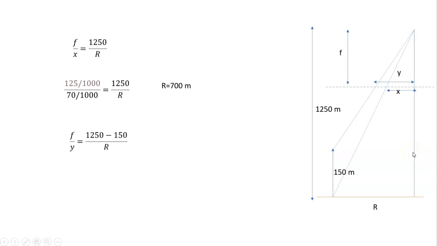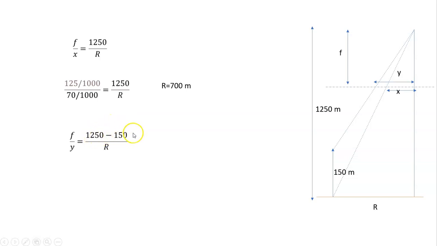So let's concentrate on the other set of similar triangles. It is also possible for us to write one more statement saying that f divided by y, the radial distance, equals the height to which the base is occupied. So 1250 minus 150; we are referring to this line where the dimension is r and the height is 1250 minus 150.